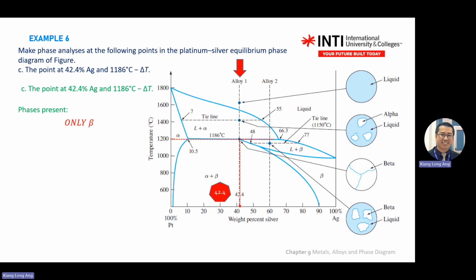So in this answer C here, you only see beta, because this section is beta. So this line is beta, just a little bit. Of course, on the graph, this is a small graph. If you enlarge it, you will see it's actually touching the beta line. No alpha.